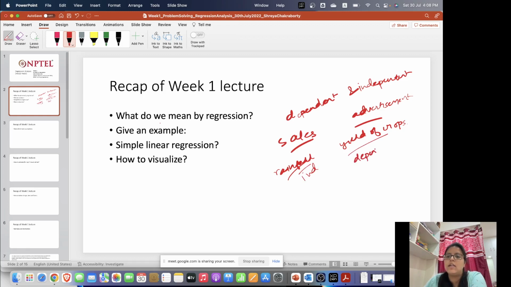Exactly. So by regression, we are interested in judging the relationship between dependent and independent variables. Now, we are focusing on linear relationships. And what do we mean by a simple linear regression?